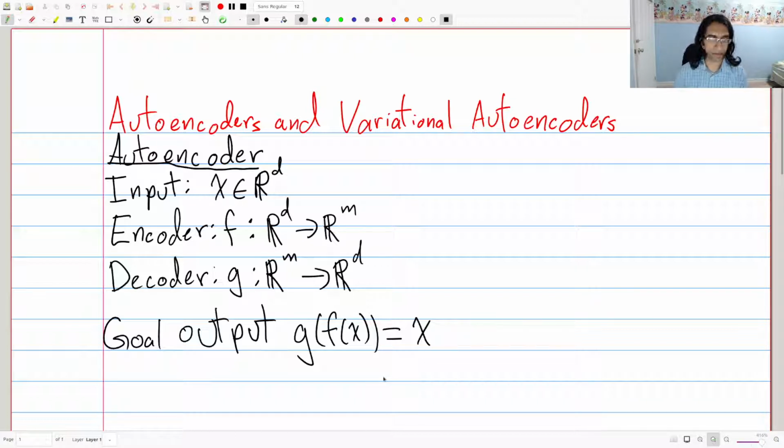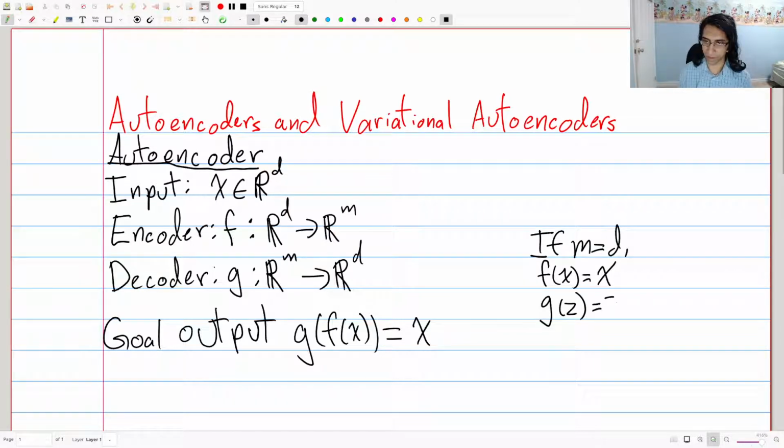Now you might be thinking, this is really silly. This is in fact really easy, right? Because if we don't need to do anything, then just let m be equal to d, and all we have to do is let f of x be equal to x, and we can let g of z be equal to z.